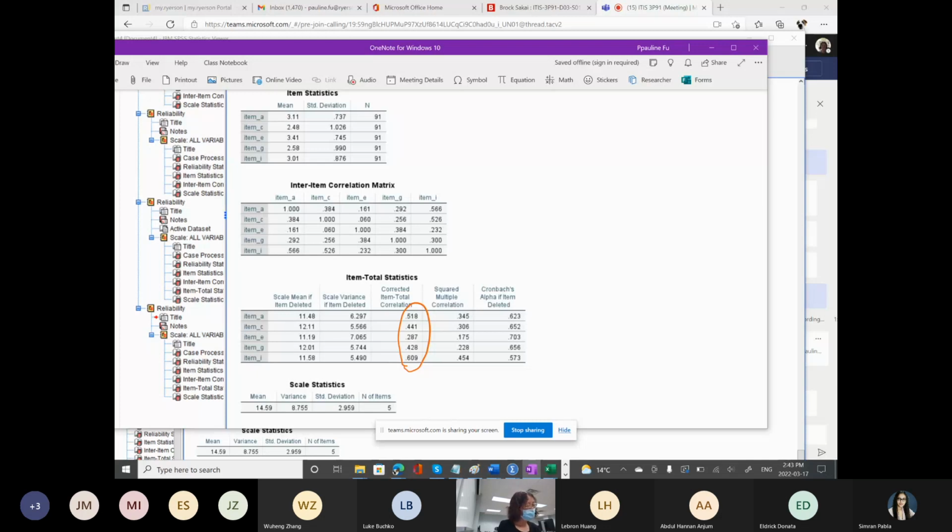So that means we could use items ACEGI to create a new scale. That scale is emotion-based.